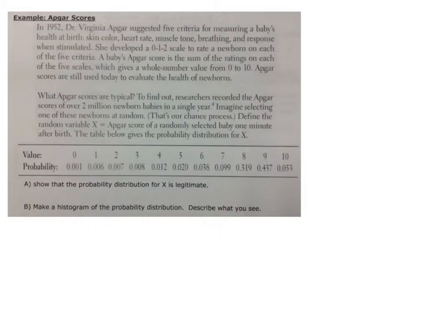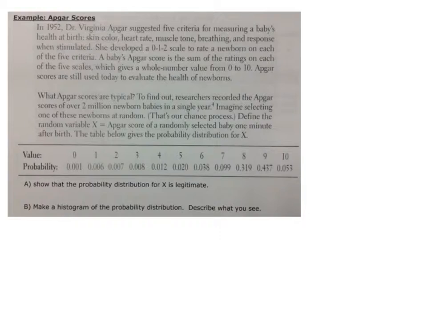Apgar scores are still used today to evaluate the health of newborns. What Apgar scores are typical? To find out, researchers recorded the Apgar scores of over 2 million newborn babies in a single year. This is something we need to keep in mind: we're talking huge data sets. Imagine selecting one of these newborns at random. That's our chance process there.